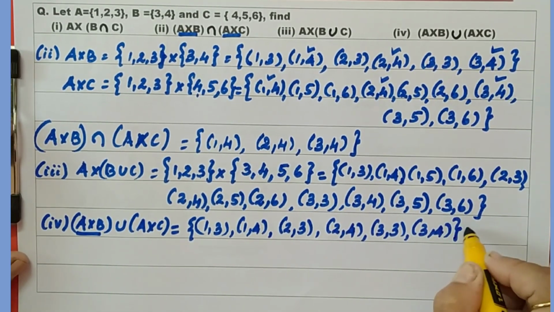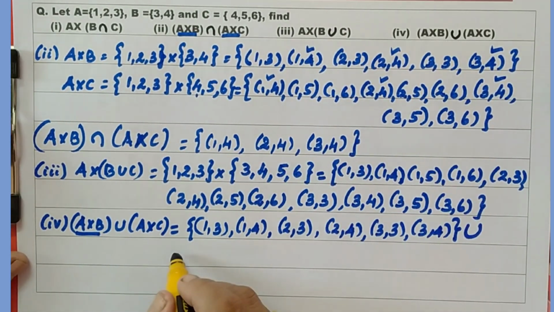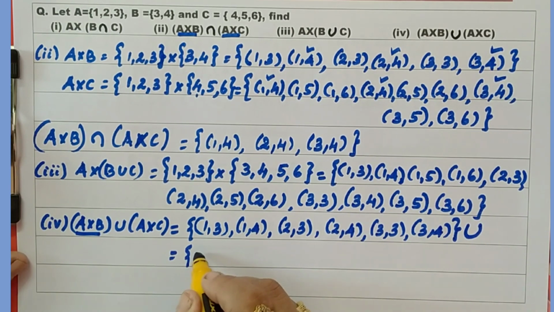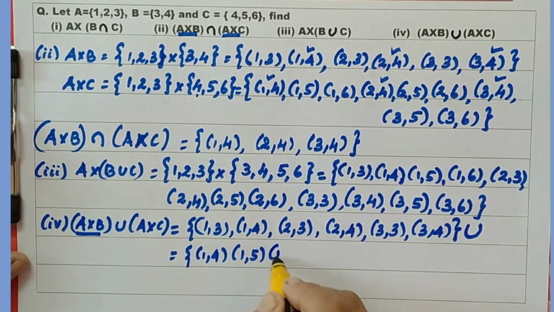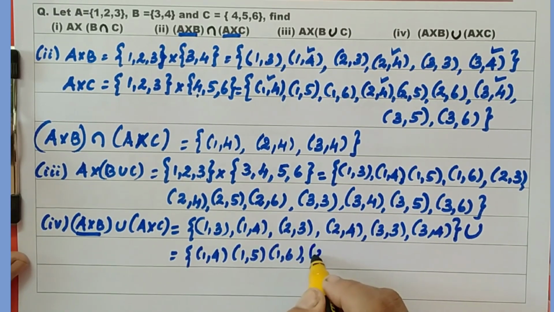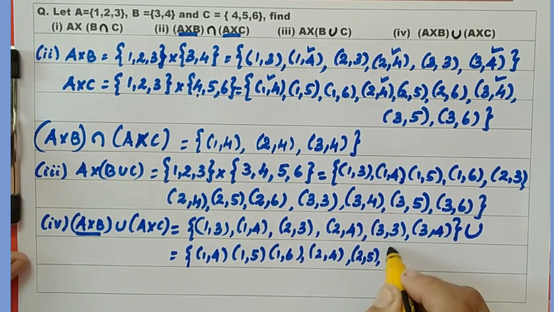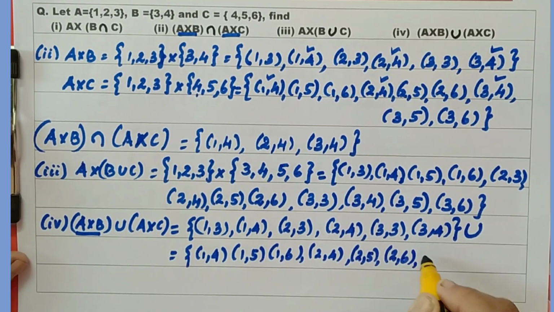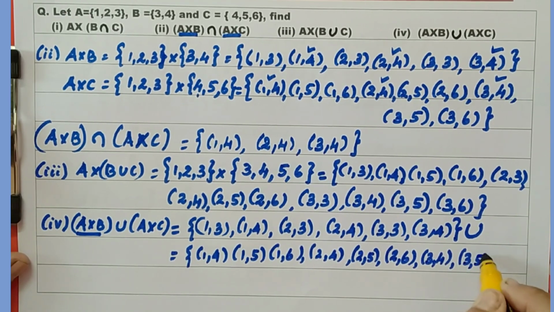I need to take a union with A cross C, already written here: {(1, 4), (1, 5), (1, 6), (2, 4), (2, 5), (2, 6), (3, 4), (3, 5), (3, 6)}.